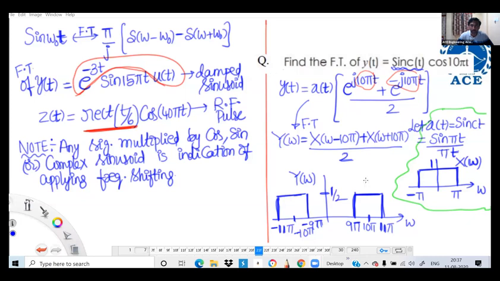The same question, one small change I will make. In the same question, answer. One small change I will make.